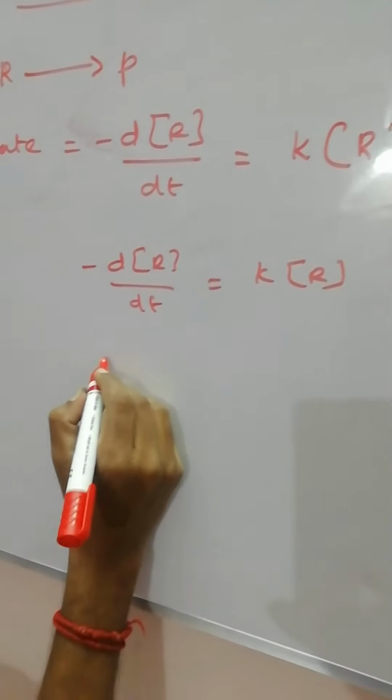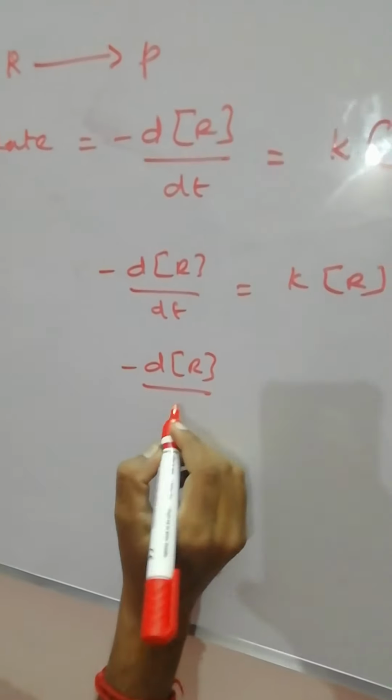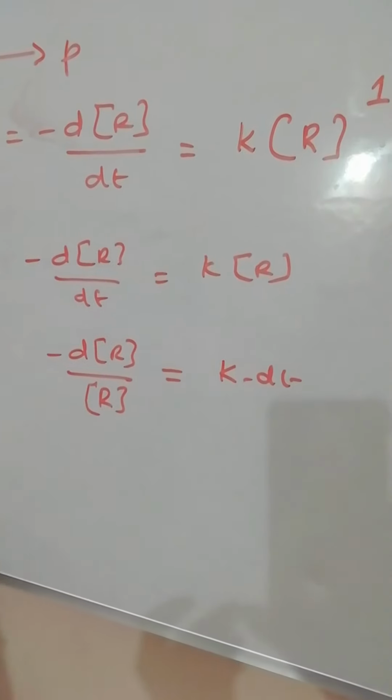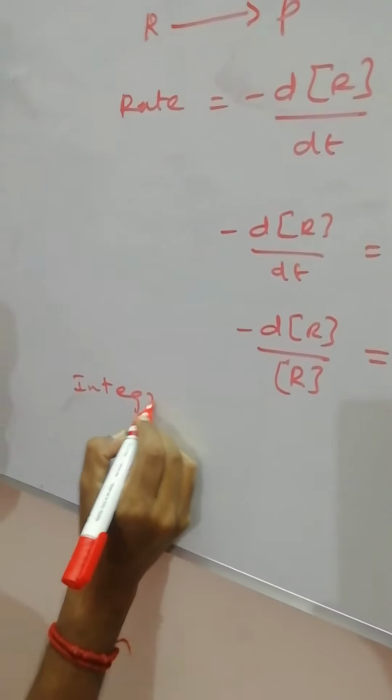Minus dR by R equals K into dt, rearranged for integration purposes. Integrate on both sides.